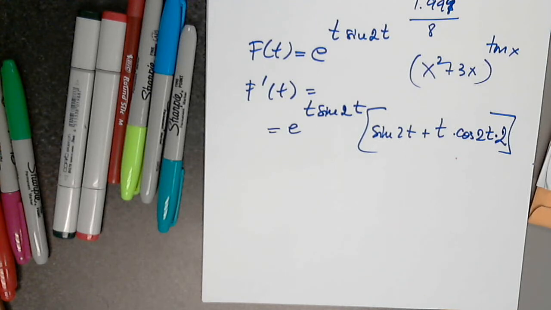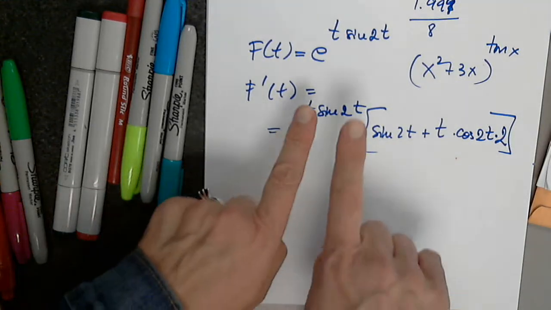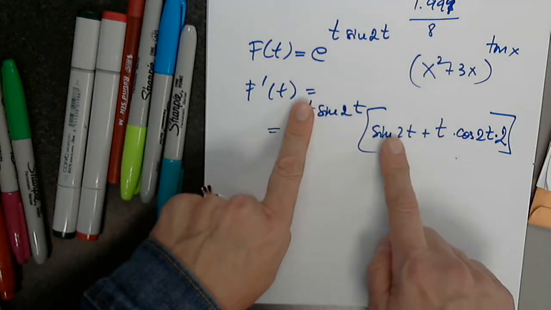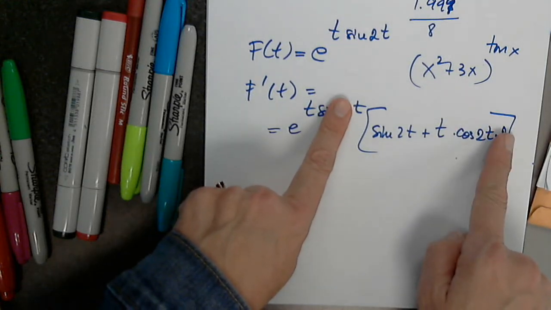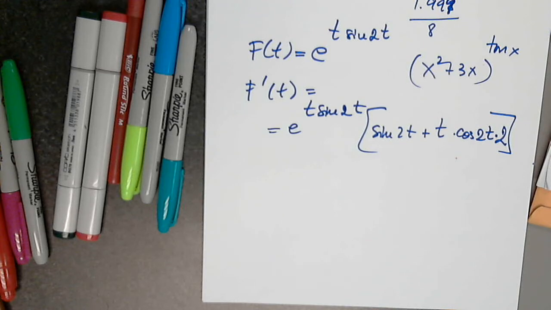Is this okay? It's a product of 2 functions. The first function prime times the second function plus the first function times the second function prime. So the functions are t and sine 2t.